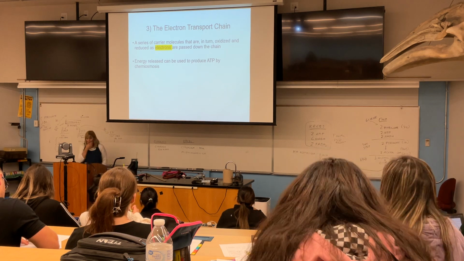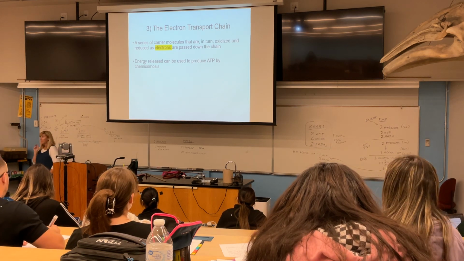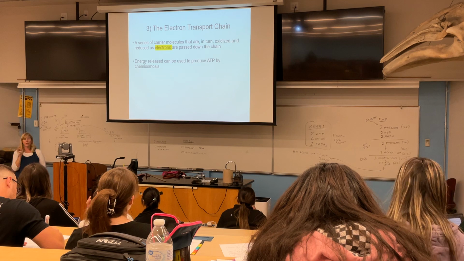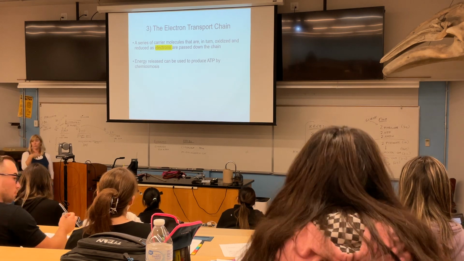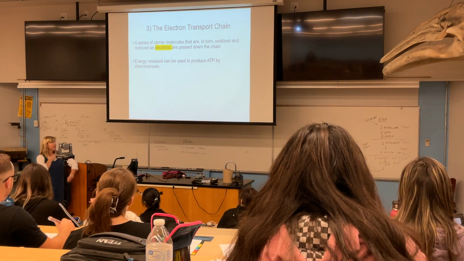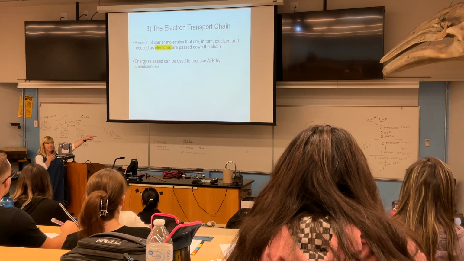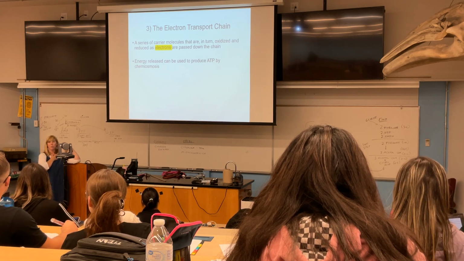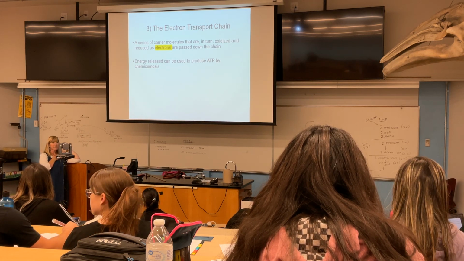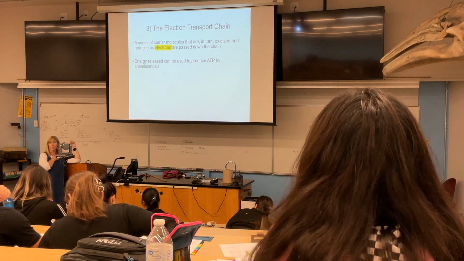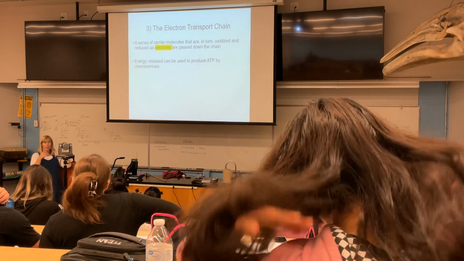Now, again, to do this process, I need to have oxygen present for those of us who are obligate aerobes. So for us, we have to have oxygen present to do Krebs and to do the electron transport chain. Glycolysis is the only one that can be done without oxygen for us. Okay?